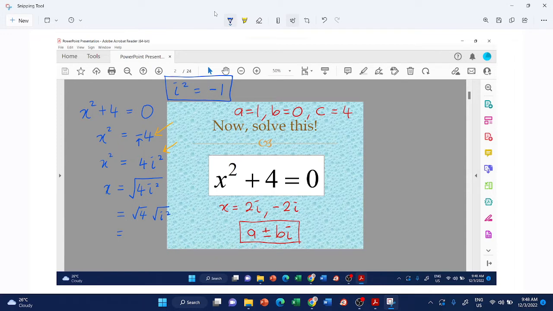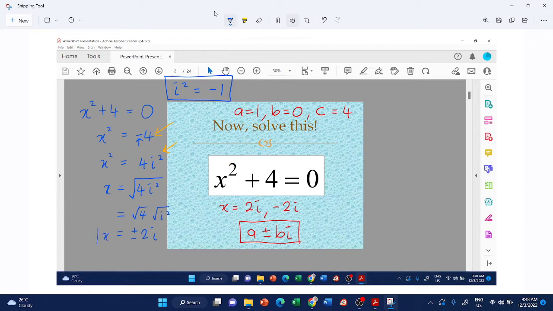Square root 4, we have plus or minus. Any square root, for power 2, will give you positive and negative roots, so you need to consider both. So square root 4 is positive and negative 2. And square root i squared we get i. Okay, so this is our solution.